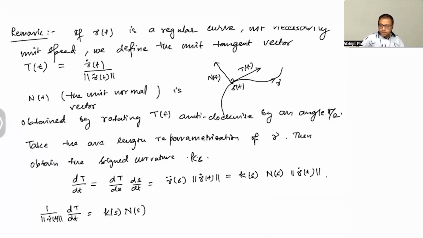So the left hand side will basically be gamma double dot s. So now let us try to explicitly find the sign curvature of any regular curve.